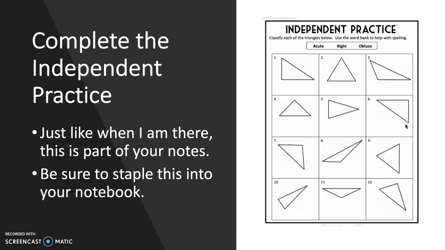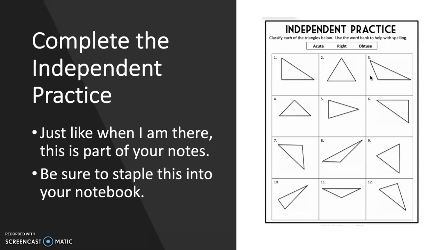At this time, you should flip to the back of that worksheet and complete the questions on the back. Just like when I'm there, this is part of your notes. Be sure to staple this into your notebook. Label each triangle. Is it acute, right, or obtuse? This should take you maybe less than 5 minutes.